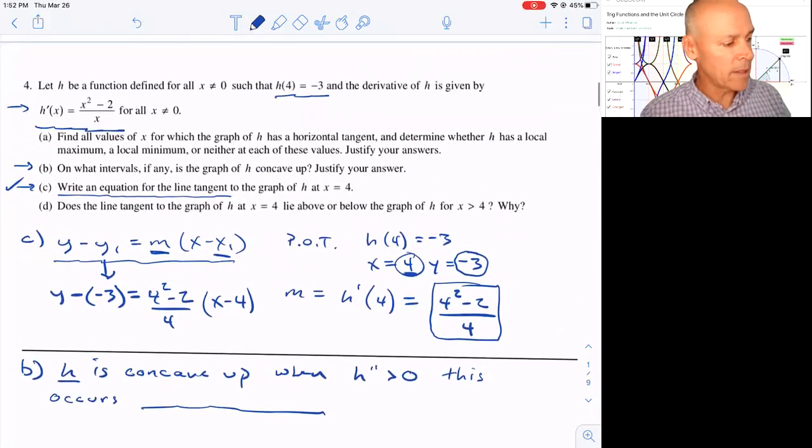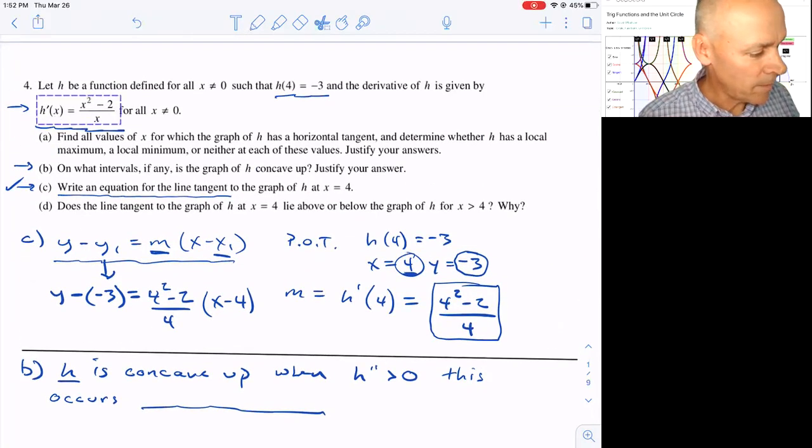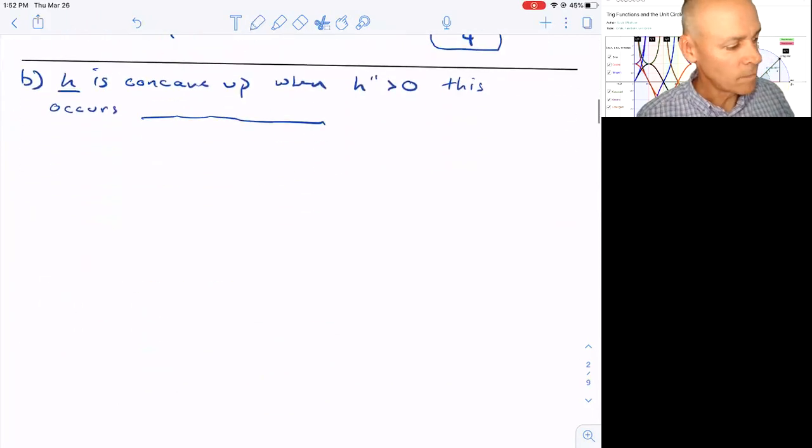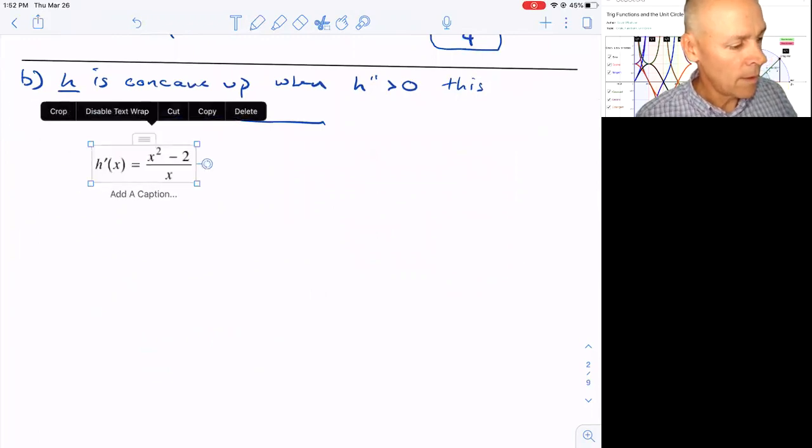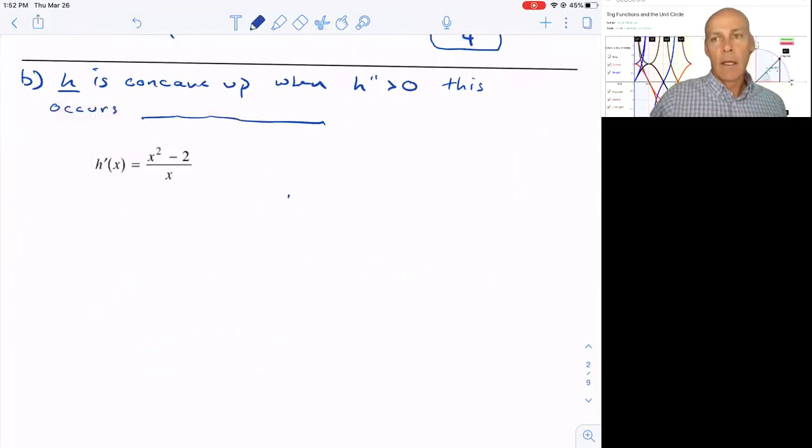So I'm going to take the first derivative, which I'm given, and I'm going to take the derivative with respect to x of the first derivative.